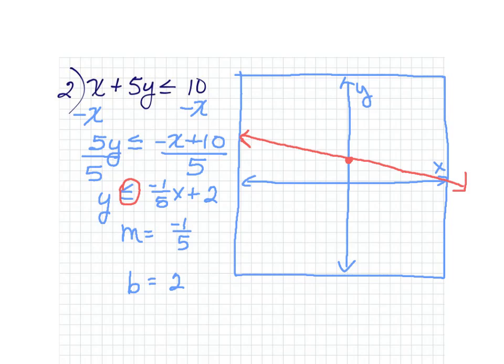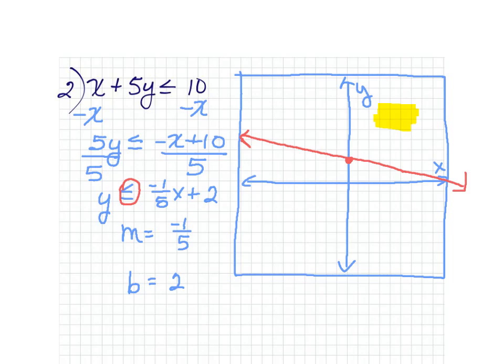The coordinate plane is divided by that red boundary. So we have to figure out on which side of the boundary are my points. Are they on this side or are they on this side? On what side are my solutions?